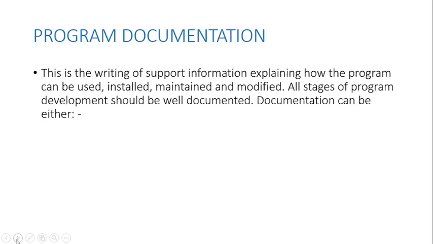We then cover the concept of program documentation, which is the writing of support information explaining how the program can be used, installed, maintained, and modified. All stages of program development should be well documented.